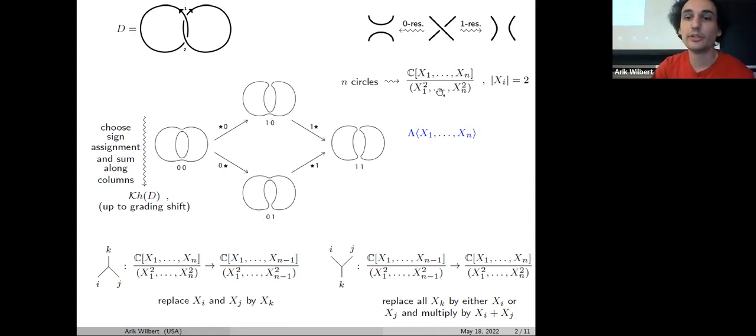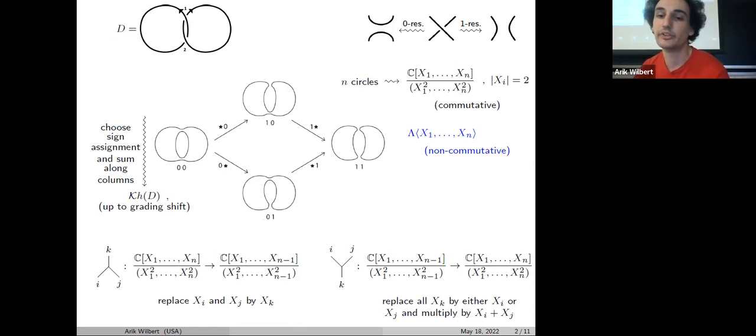But something interesting is going to happen because variables here do not commute. So in this blue version, with the exterior algebras, variables do not commute anymore. Whereas the original Khovanov homology is somehow commutative, I want to think of this odd Khovanov homology as something non-commutative, or something that's just commutative up to signs.